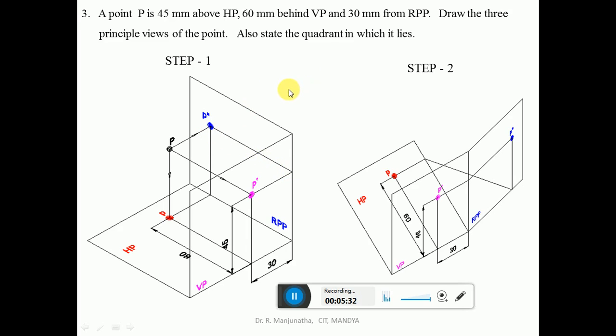Since when you are looking from the right side view, the distance is behind RPP, that distance can be seen when you are looking from the top view, that distance will be here. Similarly, when the observer is from the front view, that distance is also seen from here to here. So the distance behind RPP is seen in HP and also in VP.